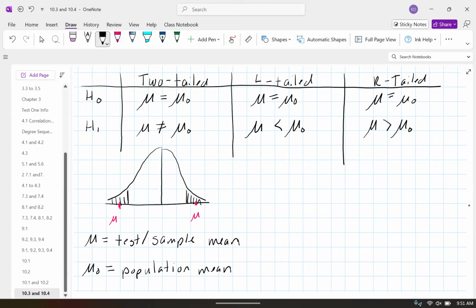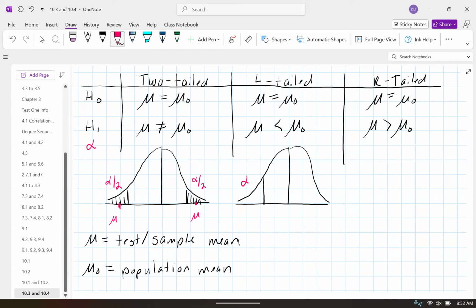For a left-tailed test, we have a bigger area. So say our alpha levels are always the same. So alpha whatever. So in this case, we have alpha half over here, alpha half over here. This one, alpha.